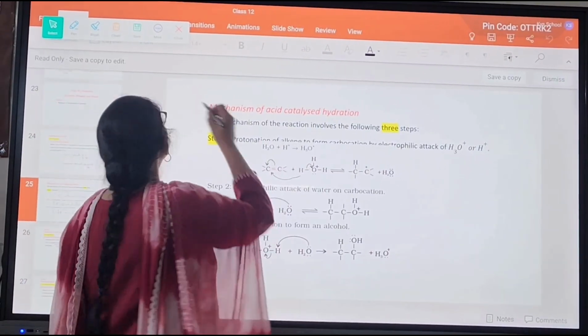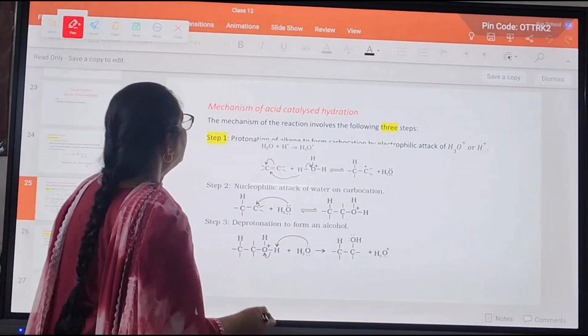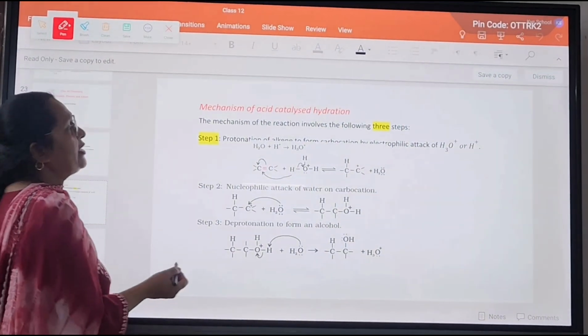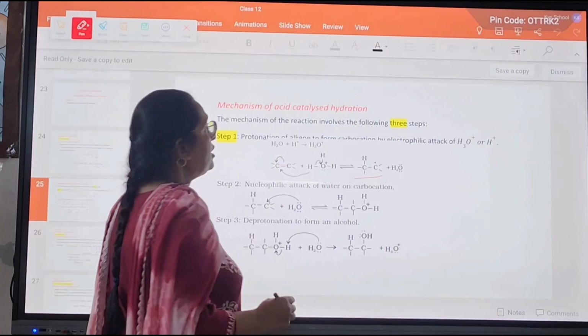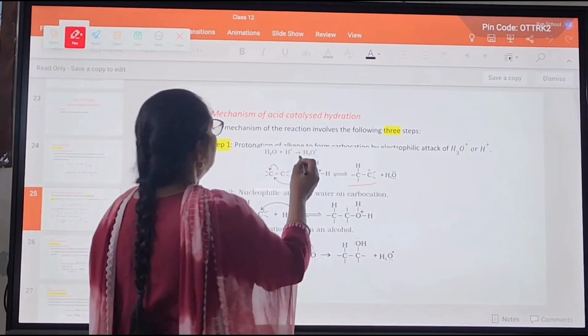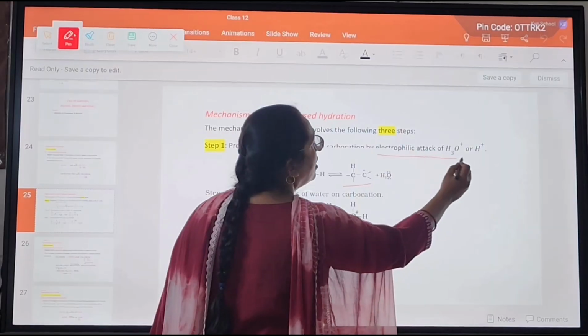It consists of three steps. The first step of the mechanism is the protonation of alkene to form the carbocation. Here we need an electrophile.